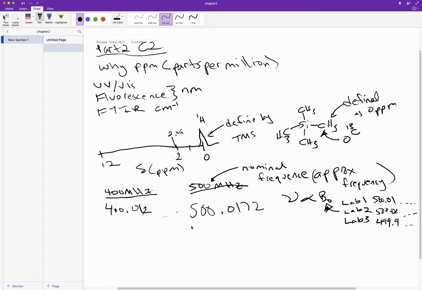So the ppm scale is basically to get everybody on the same footing. No matter whether you run the compound on a 400 or a 500, you're always going to get 2.09.